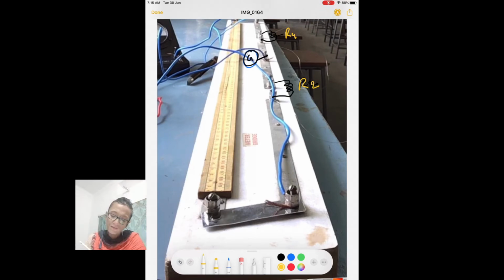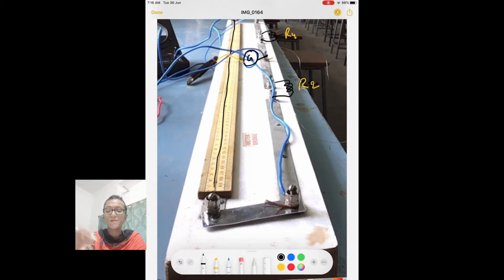Now this meter bridge is better than a Wheatstone bridge, as the galvanometer is connected with a jockey, and this jockey can move on this 1 meter wire. Here you have 1 meter wire.